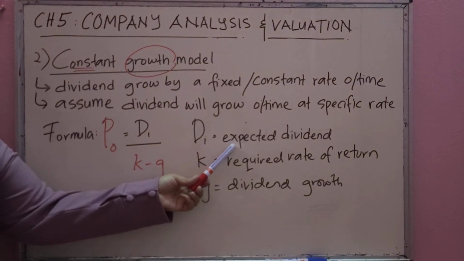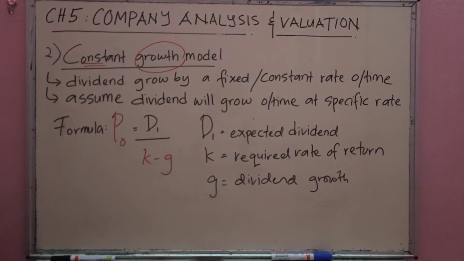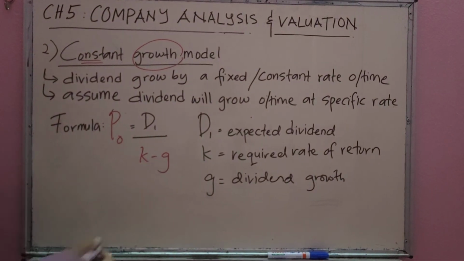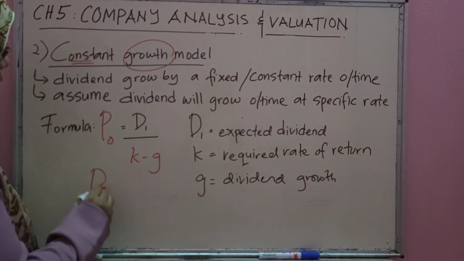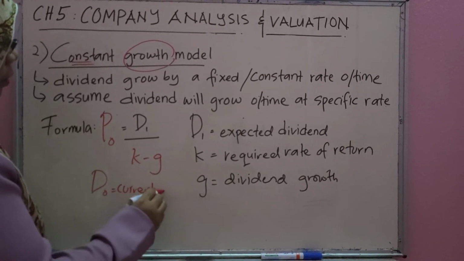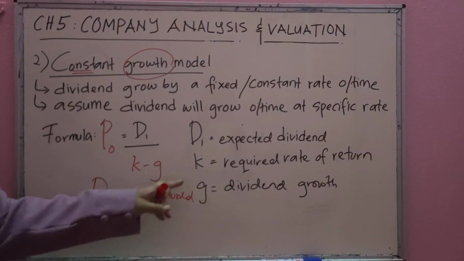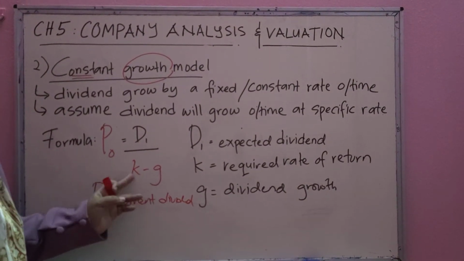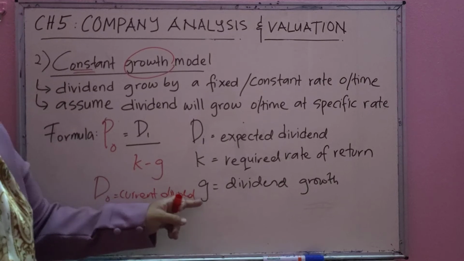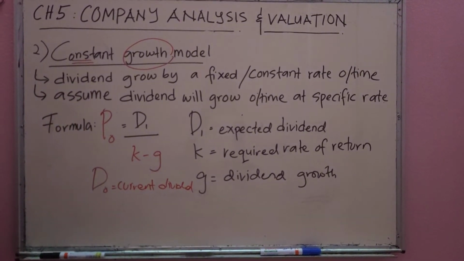D1 is defined as the expected dividend, if D0 is the current dividend or last year's dividend and so on. K again is the same thing, the required rate of return, and g refers to the dividend growth rate.